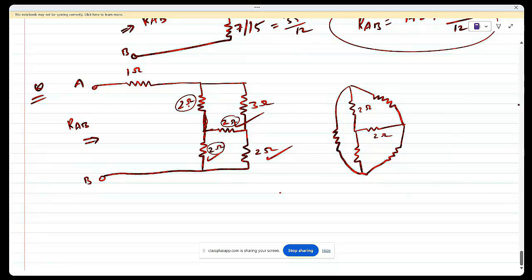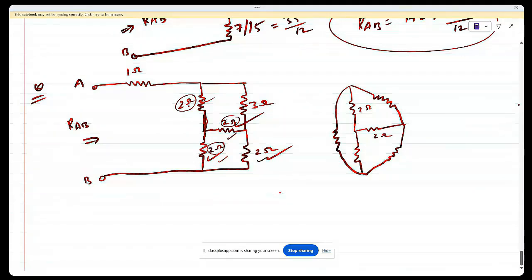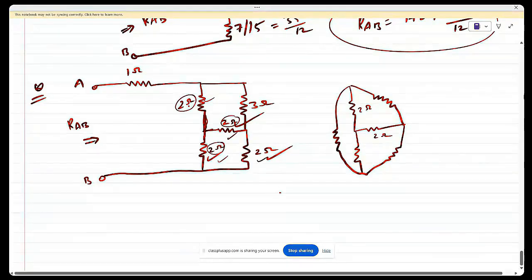Depending on your understanding, whichever transformation will reduce the complexity of the circuit. So it depends on you. Before solving, imagine the next step in your mind.